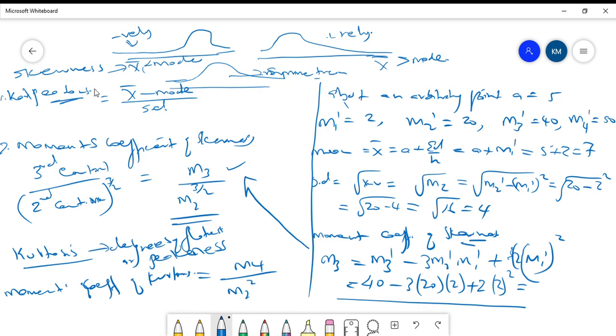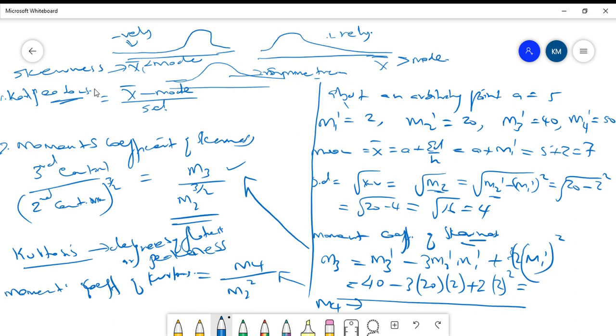Similarly, you can use the same values that I've given you here to compute m4, using the formula. Then you substitute your value for m4. And the second moment, remember, is actually the variance.